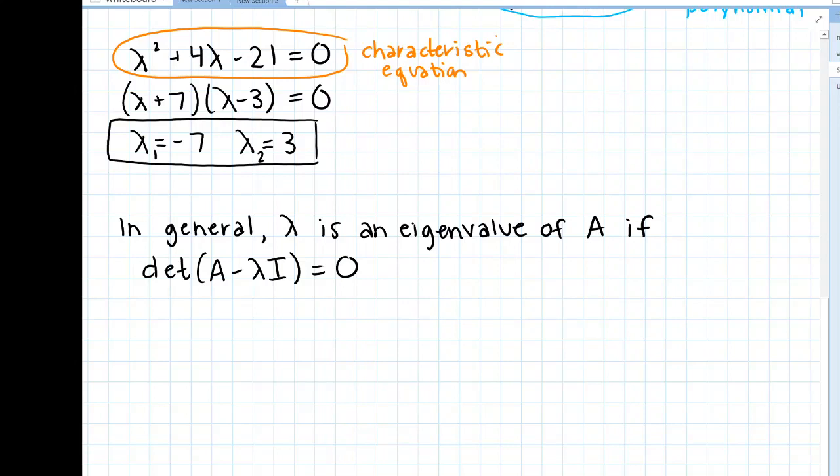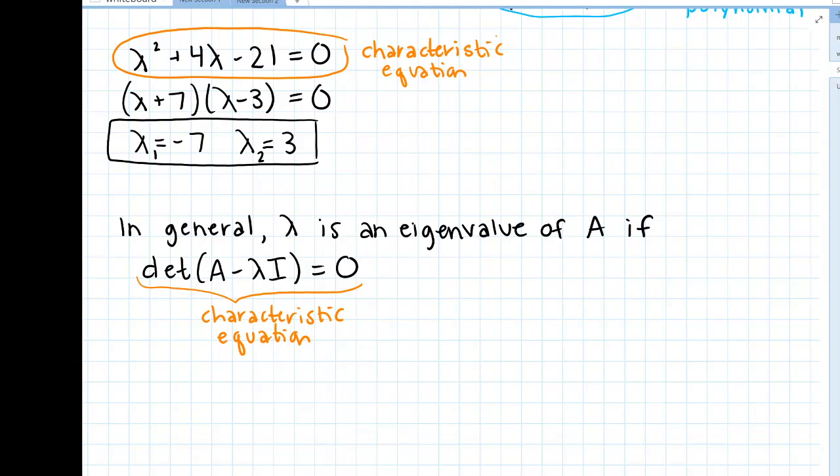So that's basically what we just did above. Like I wrote up there, I'll say it here again: this whole thing is what's called the characteristic equation. So basically you're trying to find a value of lambda that satisfies the characteristic equation. You're solving the characteristic equation.